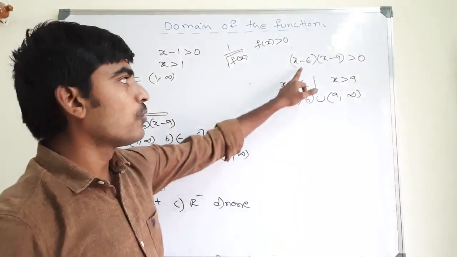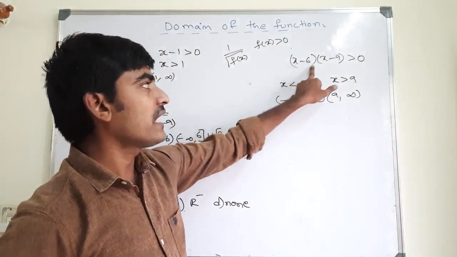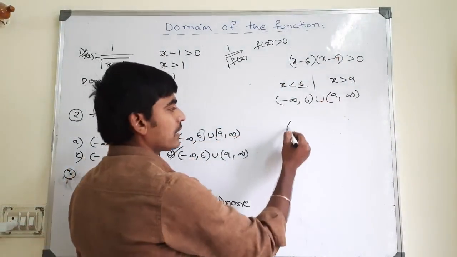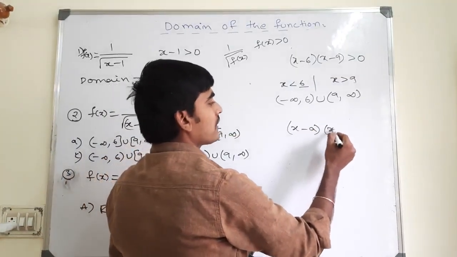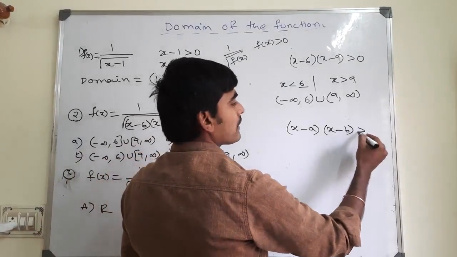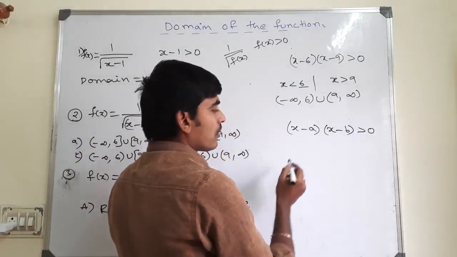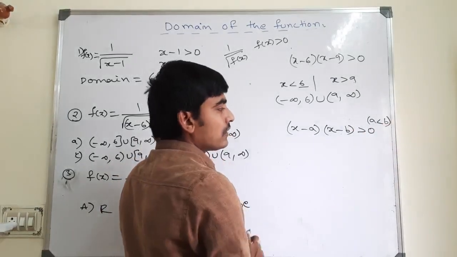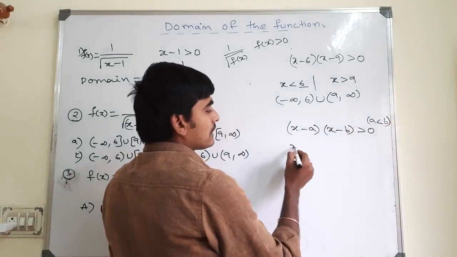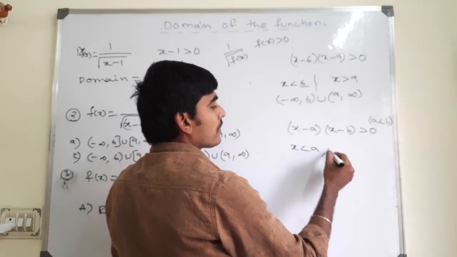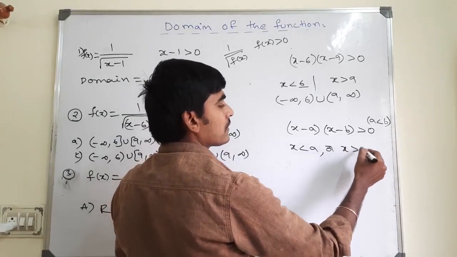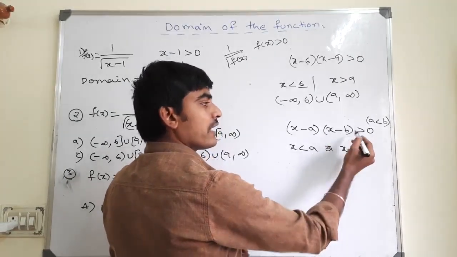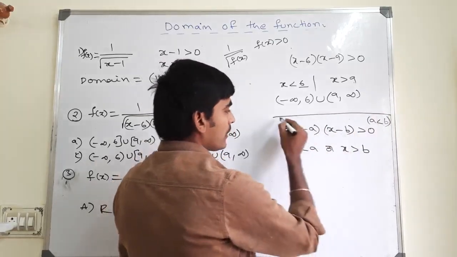But people should know, when they are given x minus a and x minus b is greater than 0, then what should I write? Here the condition is applicable: a less than b. At that time I can write it as x is less than a or x is greater than b. Suppose, sir, greater than means like this. Then what about less than?